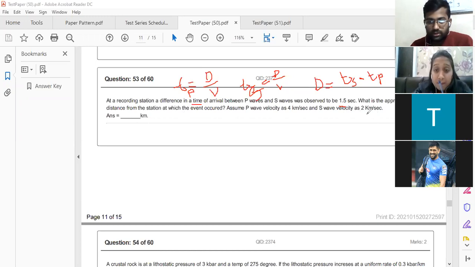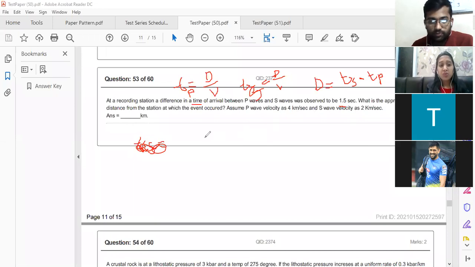First consider this in meter, since you need to calculate your answer in kilometer. If you don't, it's also fine.